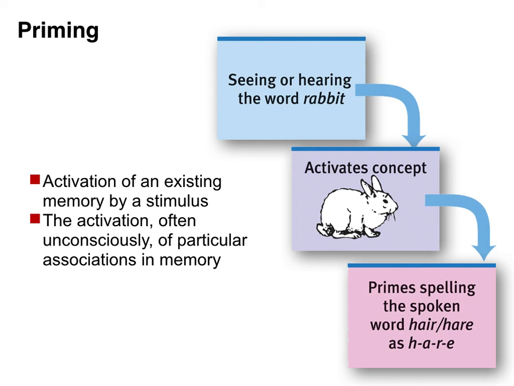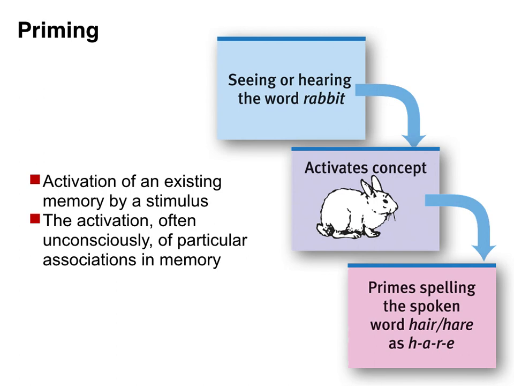You are more likely to associate that with the tortoise and the hare, H-A-R-E, than you are to associate it with the hair on your head, because we've already activated this concept of rabbit. And so again, it's going to be easier. You've been primed to think about hare, H-A-R-E, instead of hair, H-A-I-R, because we've activated this idea of a rabbit.